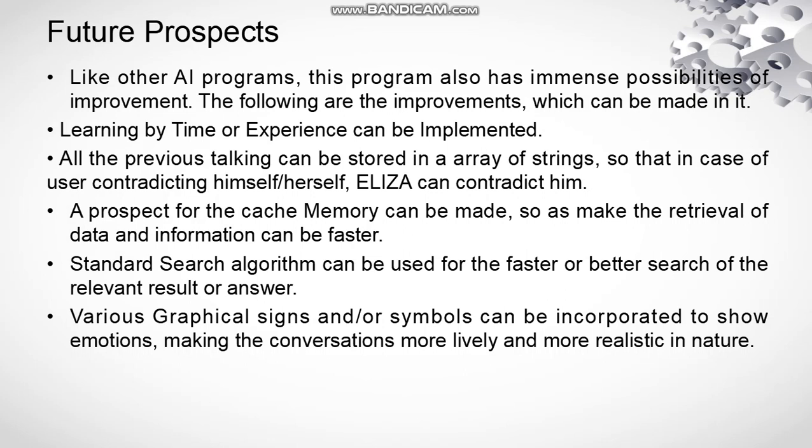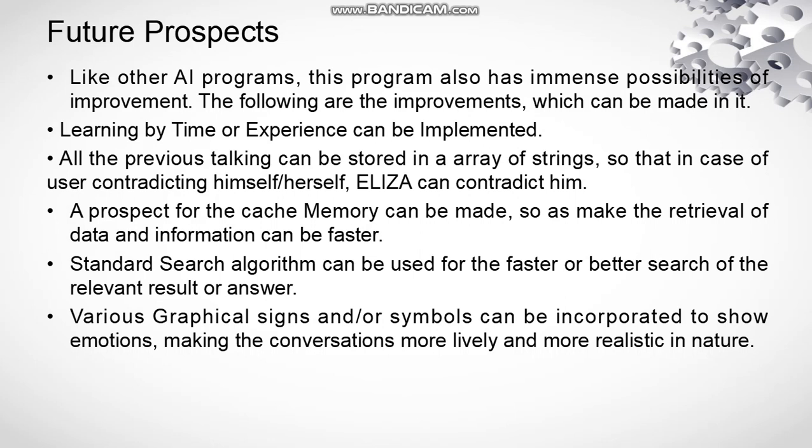Future perspective, yes, it can improve a lot. For example, we can add some cache in order to improve the speed of Eliza chatbot communication so that the response from Eliza can be delivered more efficiently. Also, it should get the capability of learning with time and experience.